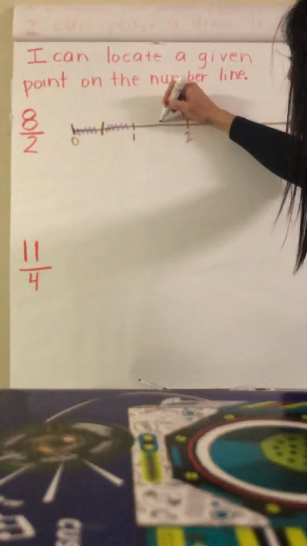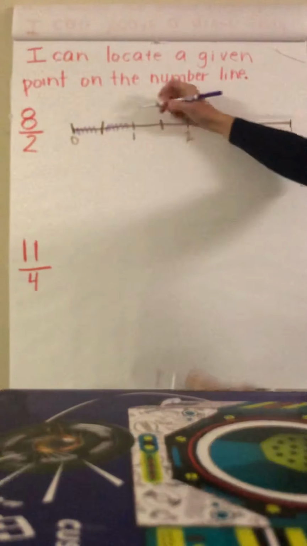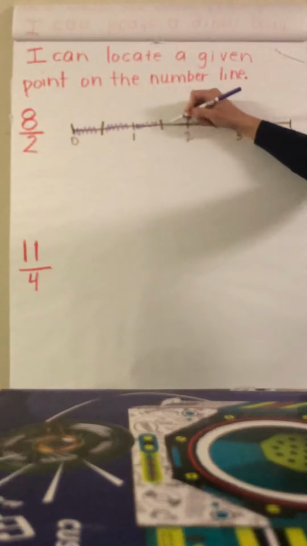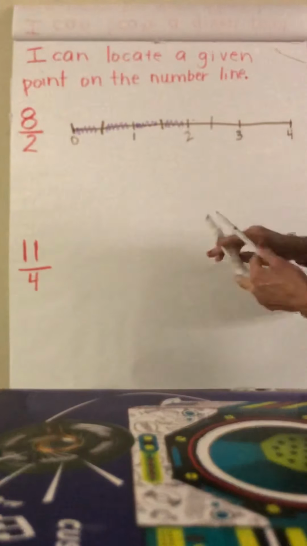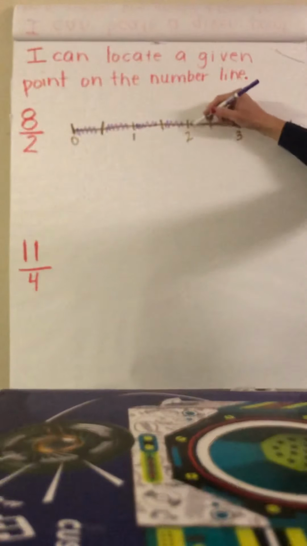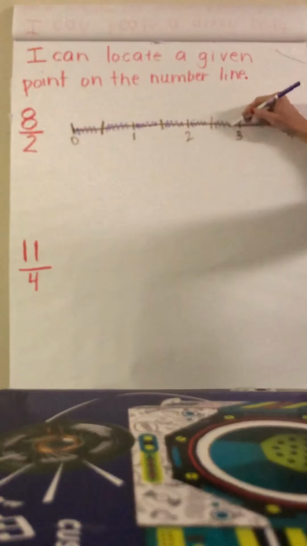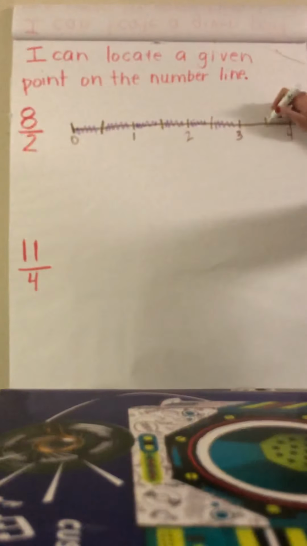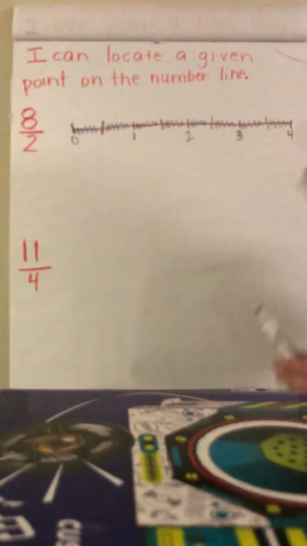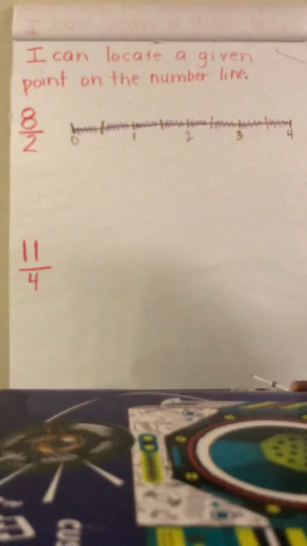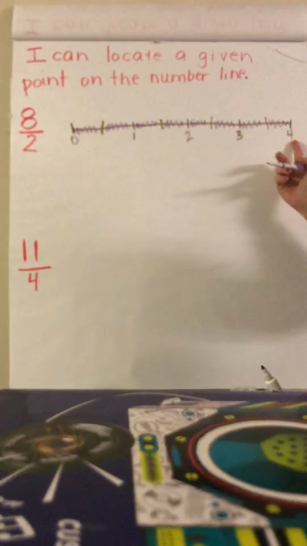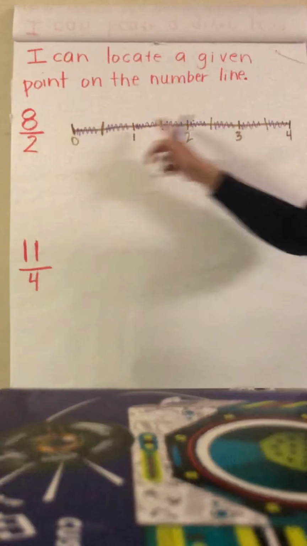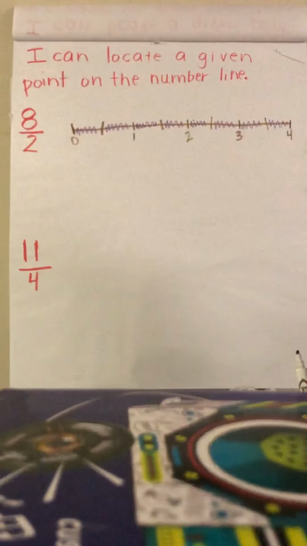Gonna partition again to make another half. 3, 4, gotta partition again. 5, 6, and I'm going to partition one more time. 7, 8. Now, how did I know that I needed to create a number line to 4 to get this number line partitioned into 8 halves?